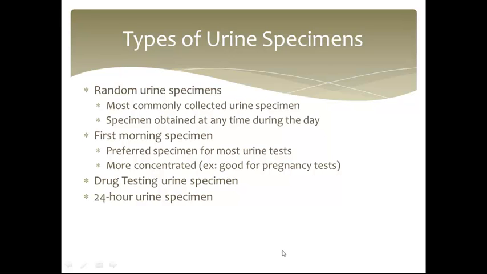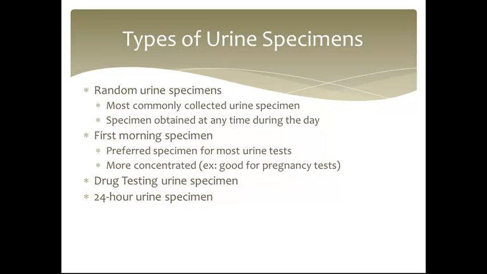So types of urine specimens. Random urine specimens are the most commonly collected urine specimens, obtained at any time of the day, regardless of if the patient was fasting or had anything to eat or drink.